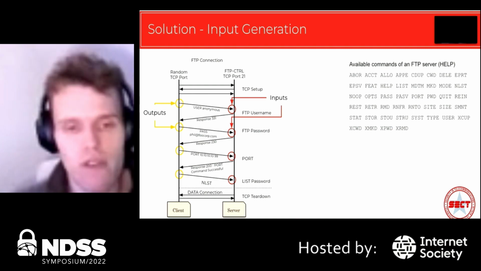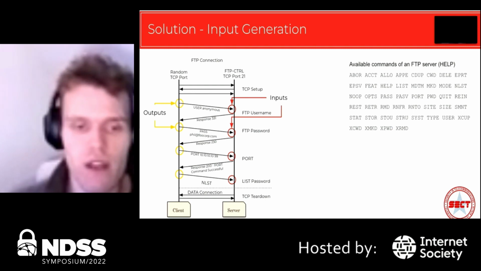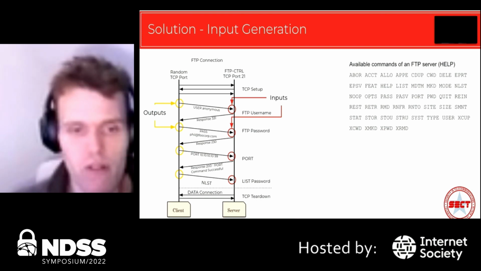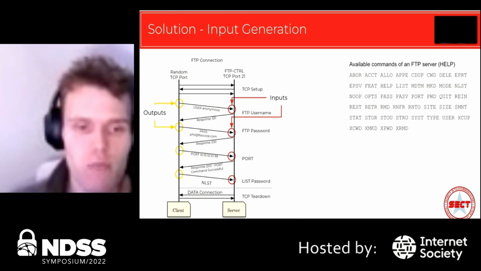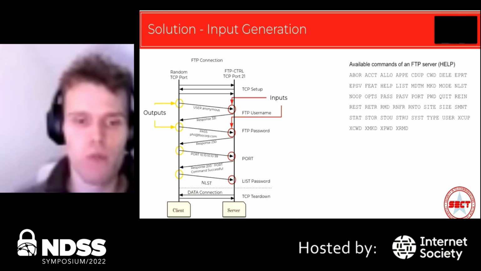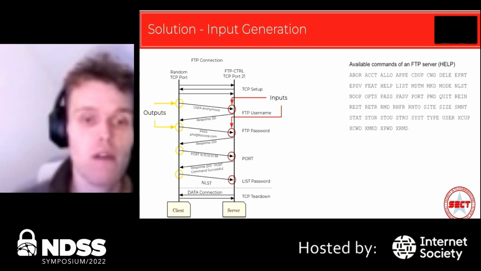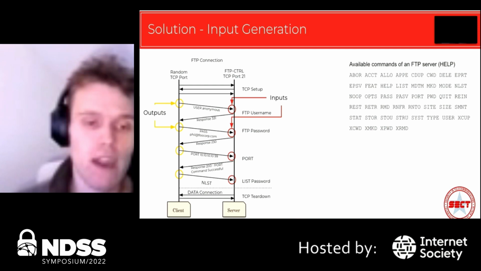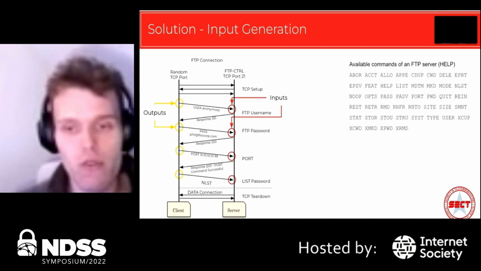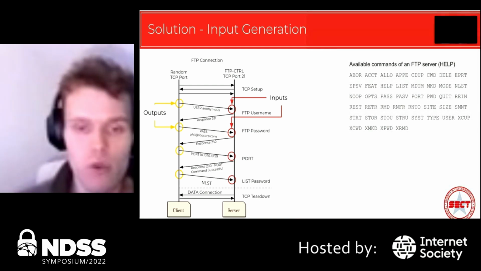Whenever you look at a server, you will always have a client for that server implementing one part of the protocol. And the output that client produces is the perfect input for the server. So what we are trying to do with FitM is that we fuzz client and server at the same time, essentially forwarding the output of one party to the other party and then mutating it on the way.